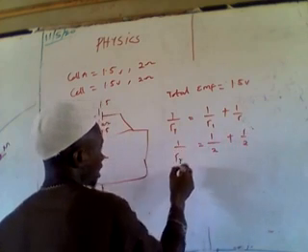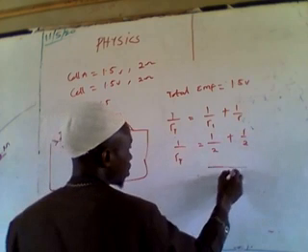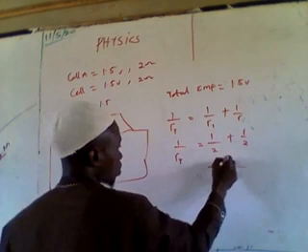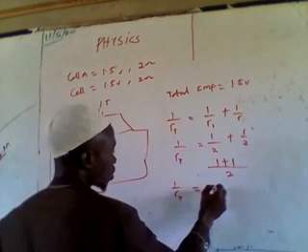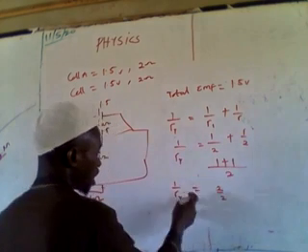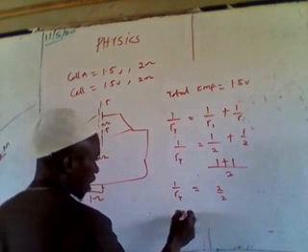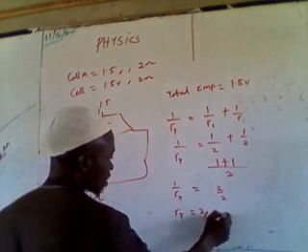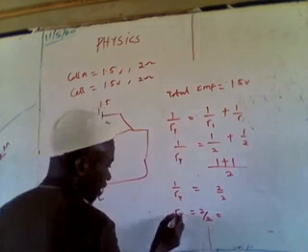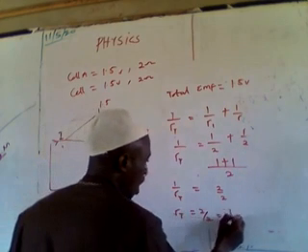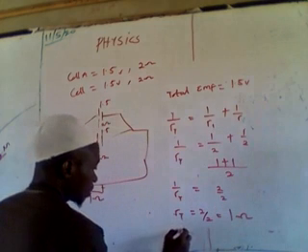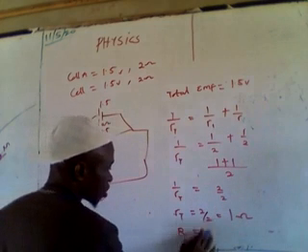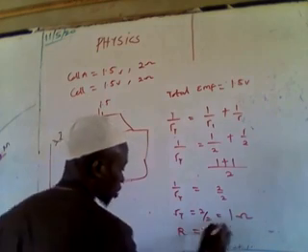That means the LCM here is 2, so 1 plus 1 over 2, so 1 over r total equals 2 over 2. If you reciprocate it, r total equals 2 over 2 as well. That means total internal resistance equals 1 ohm. Take note, the external resistance, capital letter R, equals 1 ohm as well.